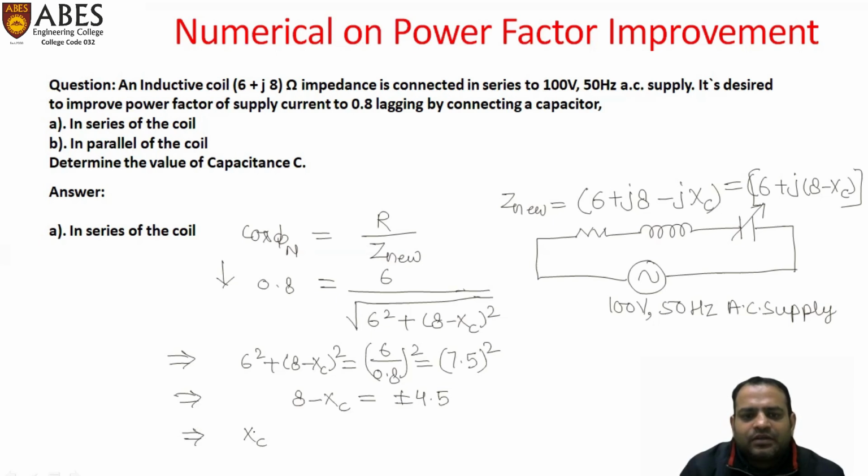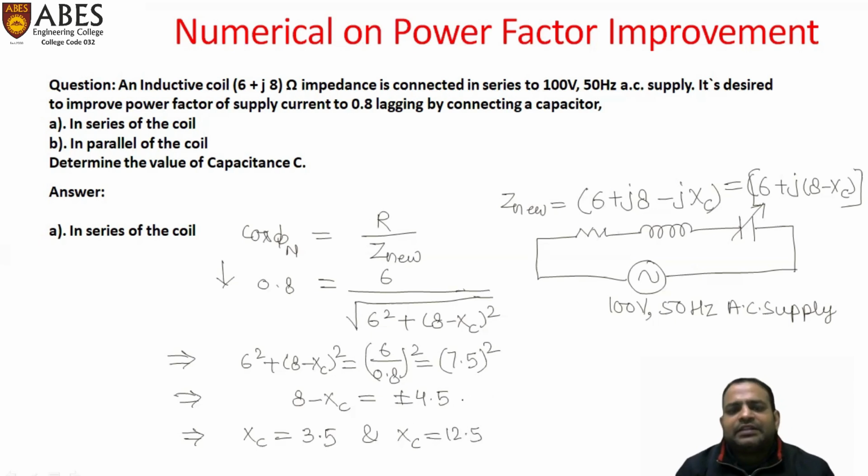By taking positive 4.5, we get XC as 3.5, and when we take negative 4.5, we get the value of XC as 12.5. So we have two choices: either XC 3.5 ohm or 12.5 ohm.